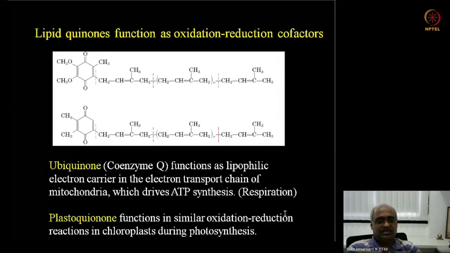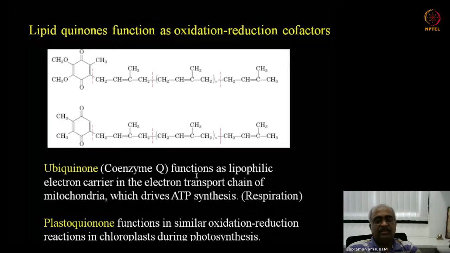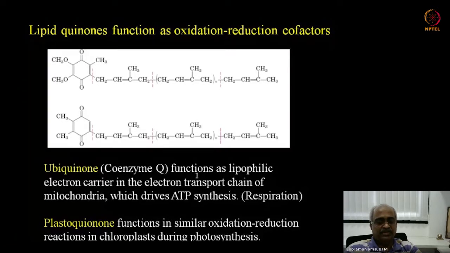What these molecules do, these quinones, because they have the basic quinone structure: ubiquinone, also known as coenzyme Q, is on the membrane. This is in the inner membrane of mitochondria. We will learn this in detail when we go to the electron transport chain.